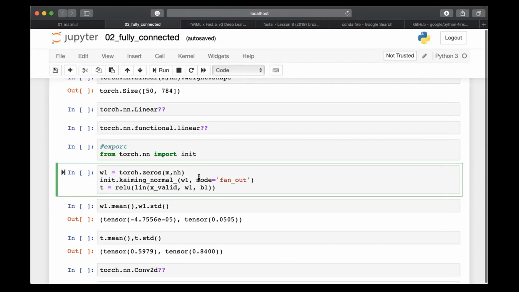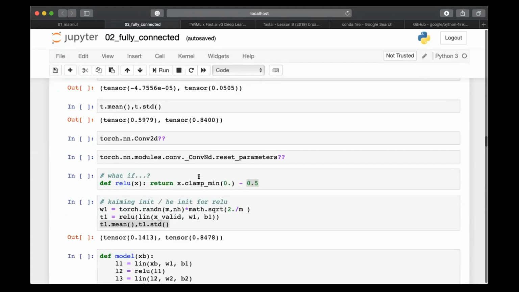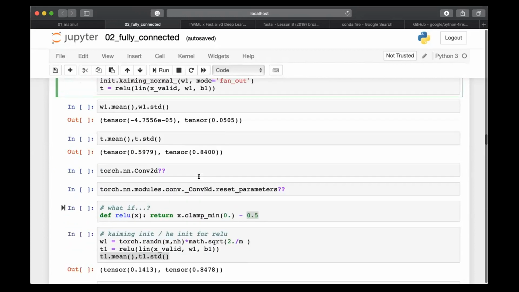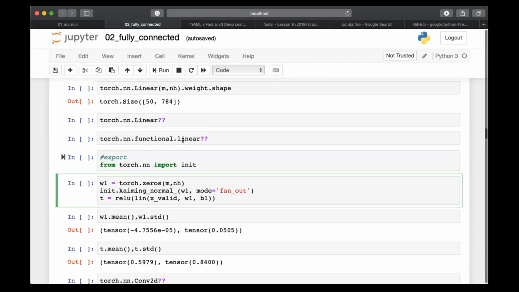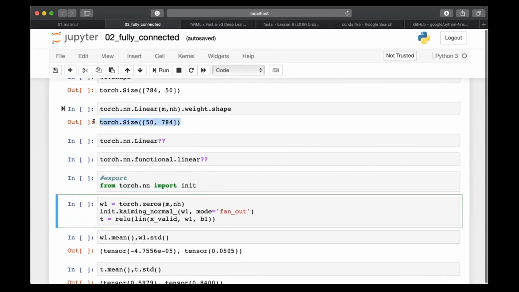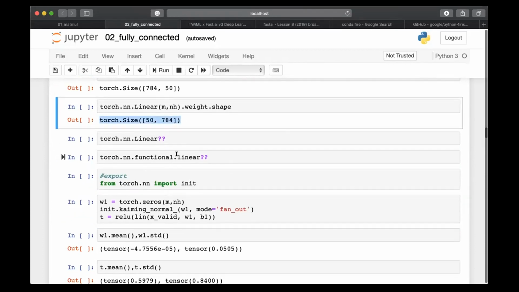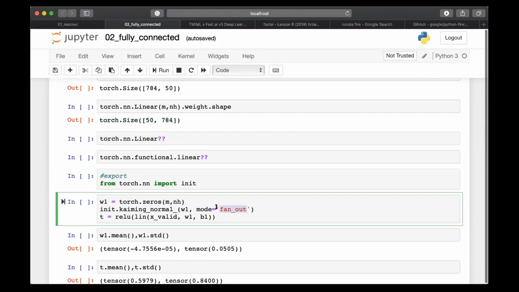But in PyTorch they don't save the matrix the way we are saving it. They are using a transpose of the matrix. That's the reason he shows the shape of that weight matrix. It was a transpose. Since we want to use the number of inputs of a weight matrix, we tell PyTorch to use fan out because you are using the transpose of the matrix as the weight matrix. Did you get my point?